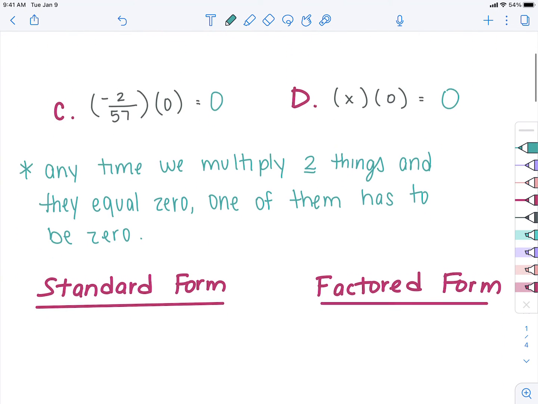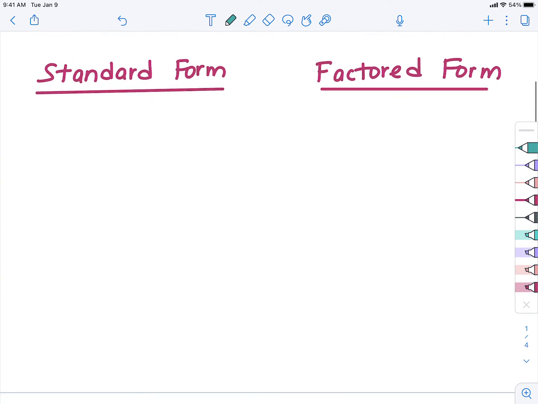So that's going to be what we're going to use in order to solve all these problems today. Before we do that, I just want to talk to you again about standard form we've already seen.